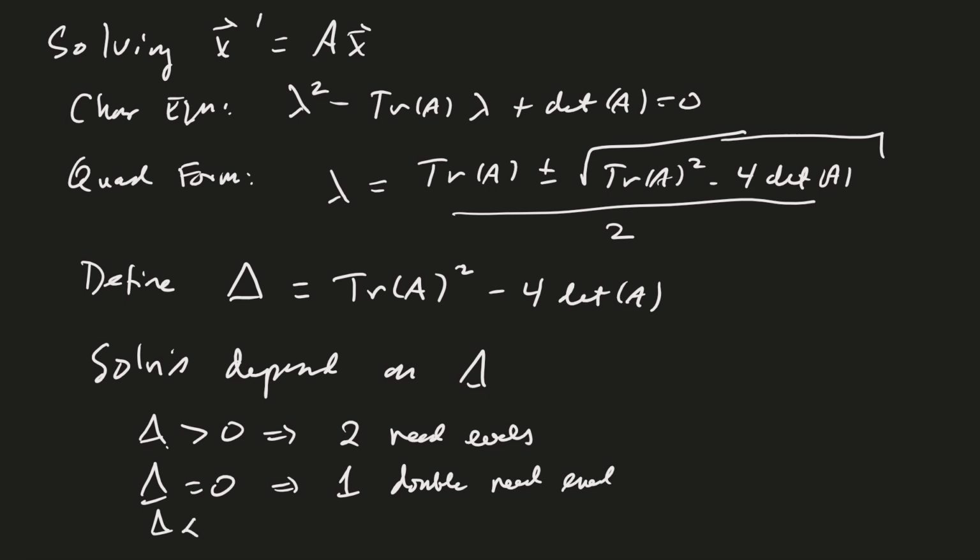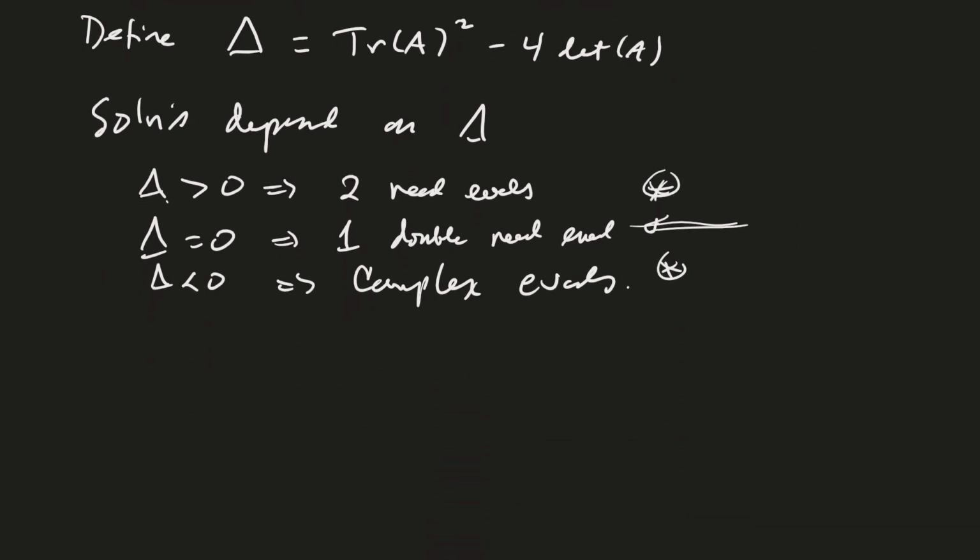And if the discriminant is negative, we get complex eigenvalues. So we see here that the discriminant separates our two types, real and imaginary parts. So it seems like that's an important separation.